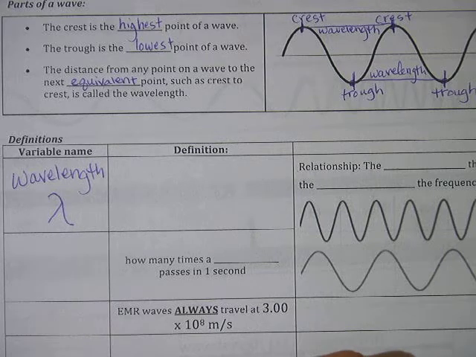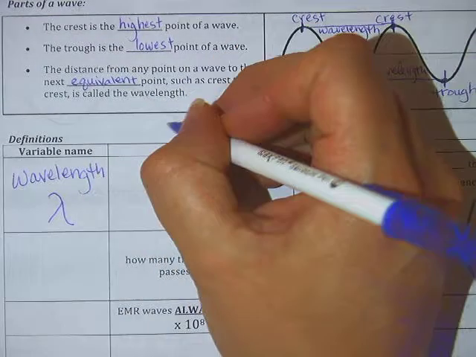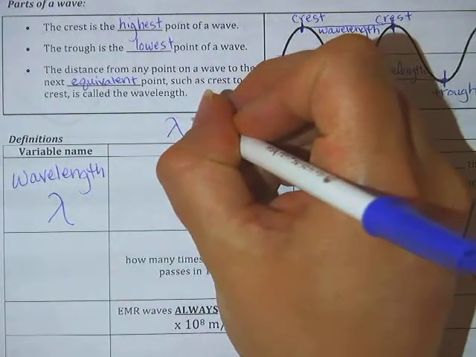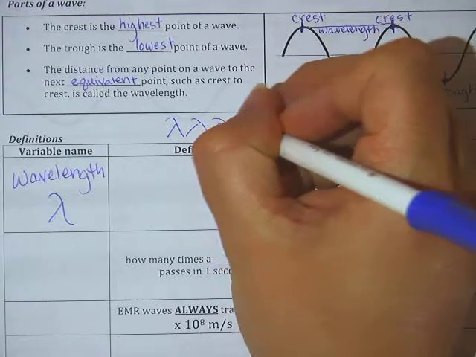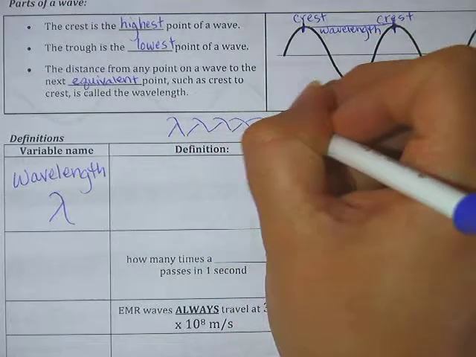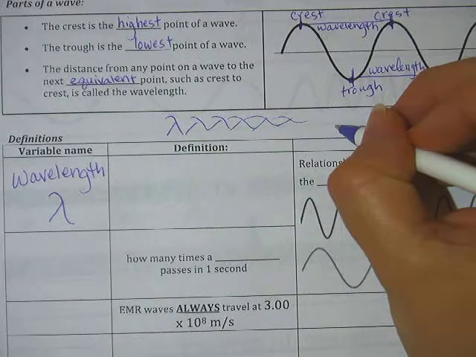I think the reason we chose lambda, or at least this is what I tell myself, is that if you draw a bunch of them in a row, it starts to kind of look like ocean waves.